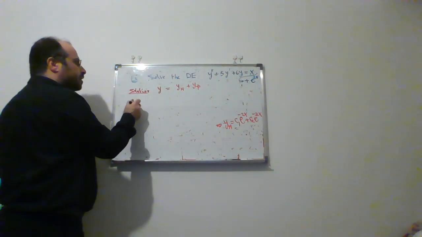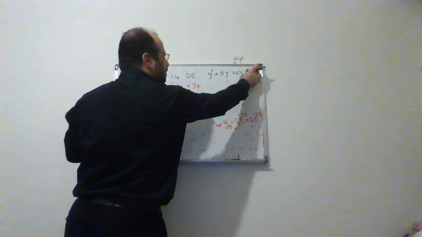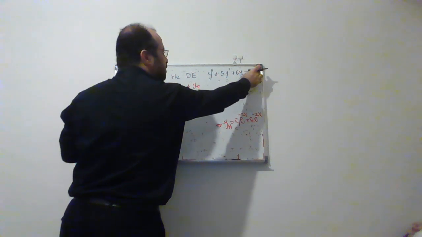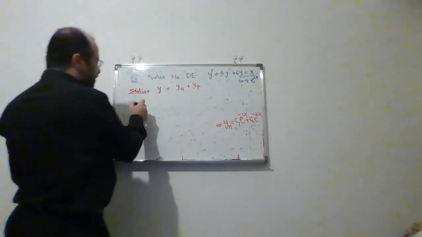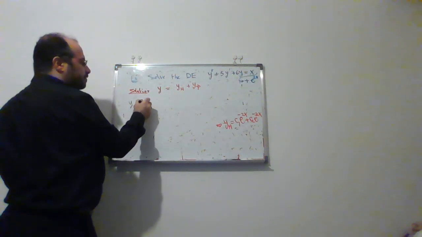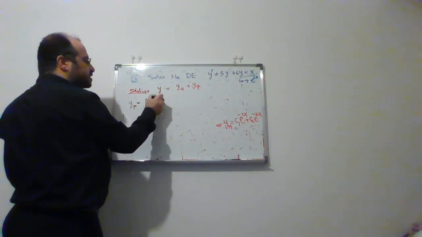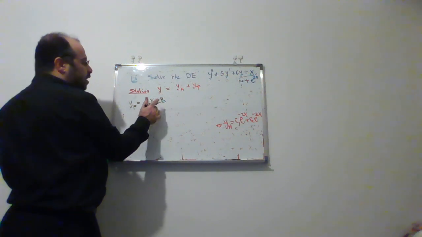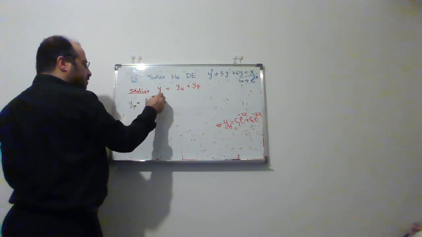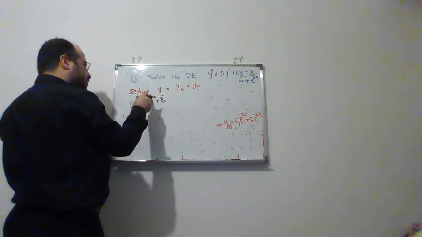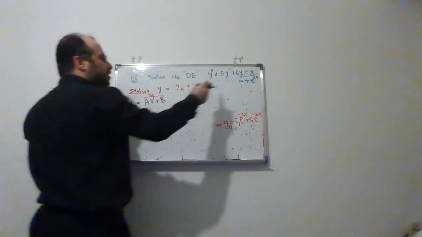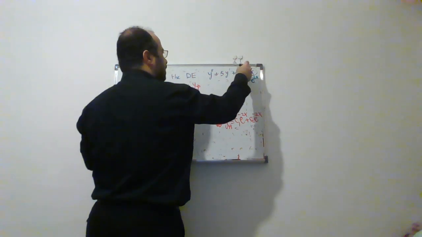Y particular is the y particular for the first part, which is a nice function. It is a polynomial of degree 1. Then I'm going to say the first one is ax plus b. Now this is y particular 1. If you are calling that f1, I can call this y particular 1.